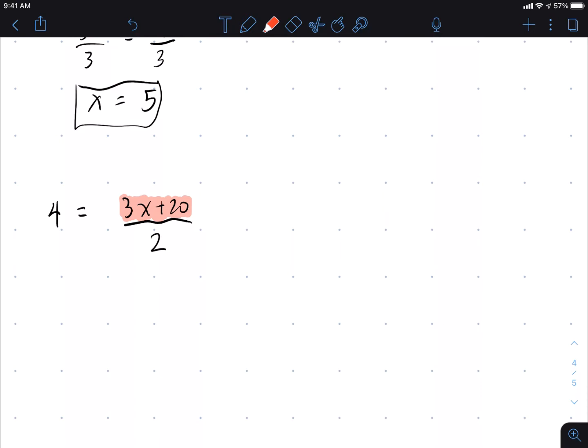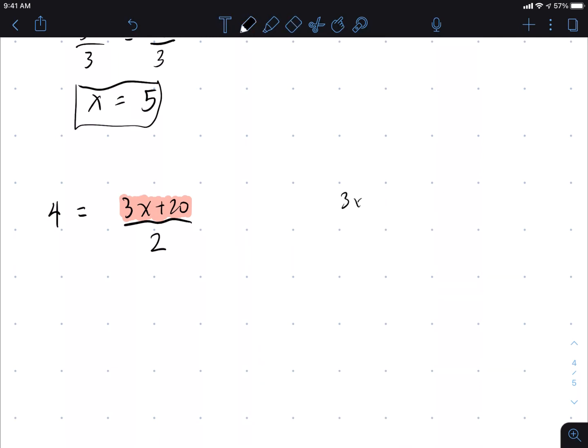If I go 2 divided by 2, what is that equal to? 1. Is that 4? No, that can't be it. So what number can I divide by 2 to equal 4? 8. So what I now realize is the red piece is equal to 8.